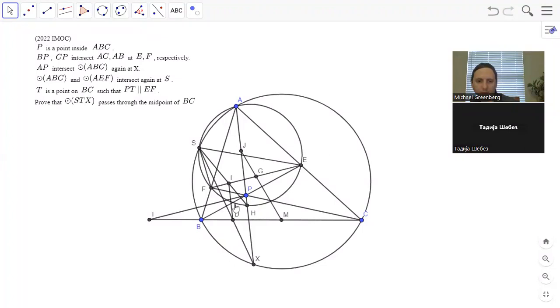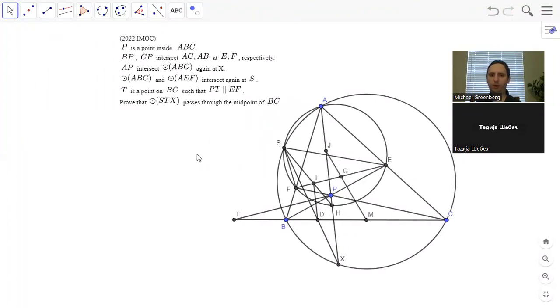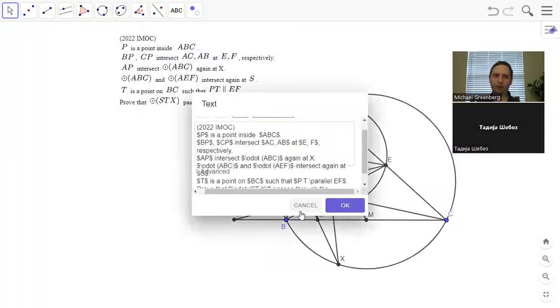The ratio of the areas of these two is BD over DC, which is BP sine this angle over CP sine this angle. I think it would be the other way, BD over DC times CP over PB. But yeah, I can write it out. So I think we have enough for a solution with a little bit of trig.